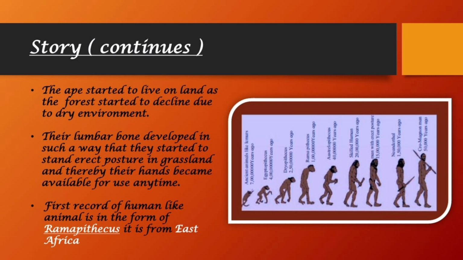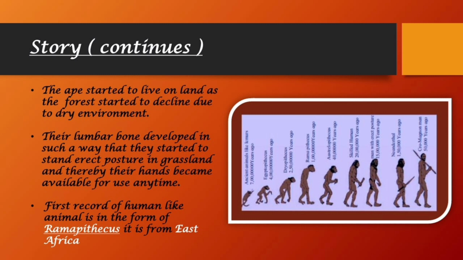Evolution of some of the 2 crore year old species of apes seems to have occurred in a different way. They had to use their hands more for eating food and other work. Those apes started to live on land as the forests started to decline due to the dry environment.